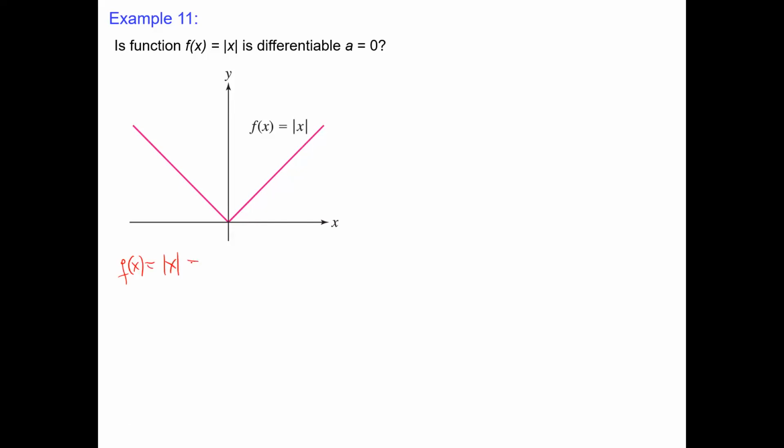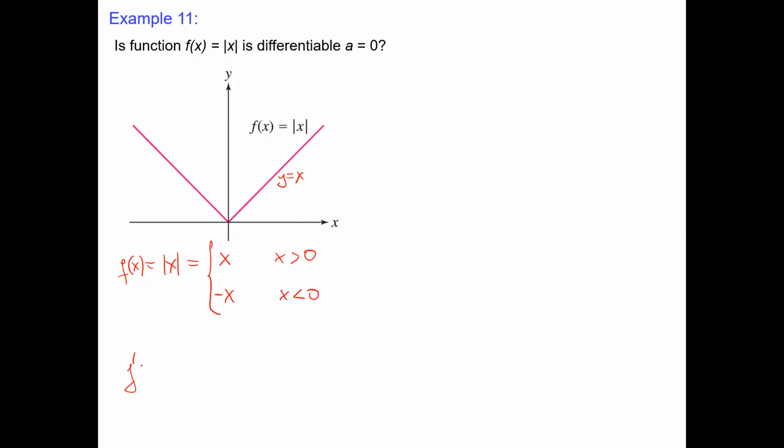This is the absolute value of x. For positive x's, the absolute value of a positive number is just x. If x is negative, the absolute value of that quantity would be negative, so I have to make it positive. We remember this.